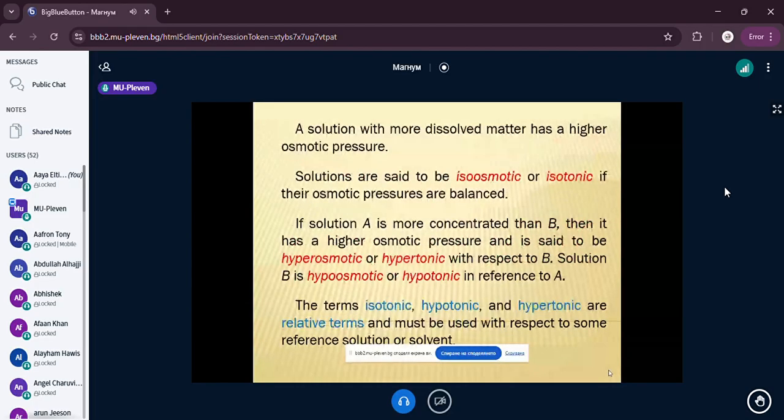Different terms regarding the magnitude are used, but pay attention, they are useful but relative terms. You cannot say this is hypertonic. Hypertonic in relation to what? So it must always be specified. So not in general.